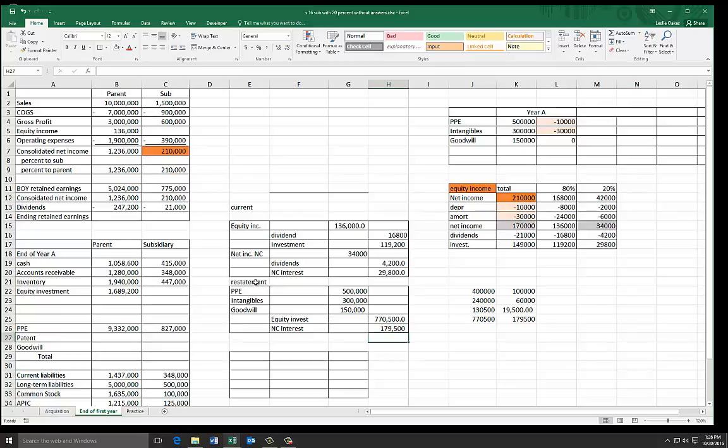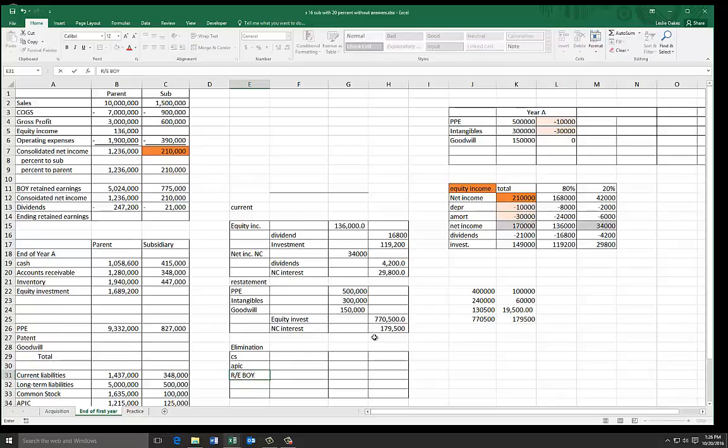Oops, before the restatement, I should have done the elimination. So just move these in the opposite direction. Okay, so let's do the elimination. We're eliminating the beginning common stock, the beginning additional paid-in capital, and the retained earnings from the beginning of the year.